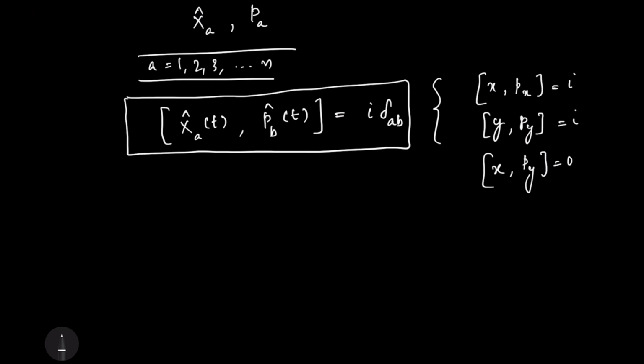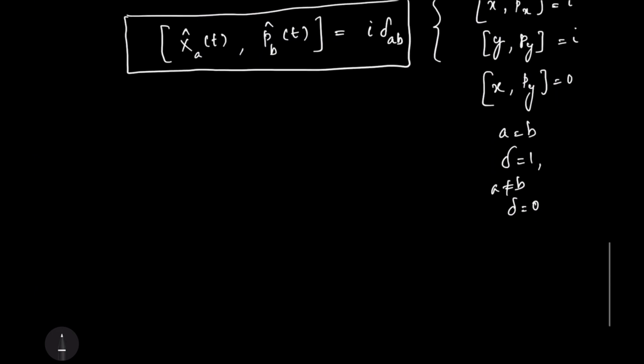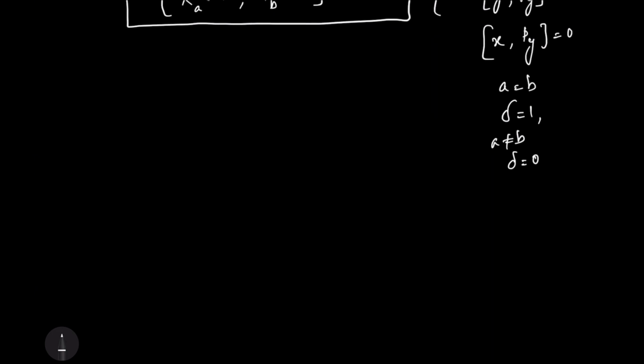If A is equal to B, then the Dirac delta will be 1. Otherwise, if A not equal to B, then the Dirac delta will be 0. So I'm just generalizing the commutation relation. In quantum field theory, we have primed and unprimed dynamical variables. Okay, from classical field theory, we can guess the commutation relation in quantum field theory.